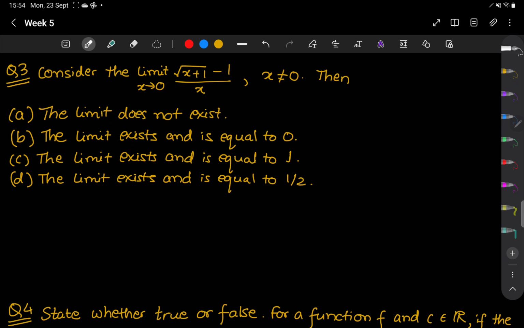Okay, so let us now discuss the solution. Again, you will notice that if we put the value x equal to 0, then it will take the 0 by 0 form. So numerator will become 0, denominator also 0. So this is also again 0 by 0 form. So we will make use of L'Hopital's rule.